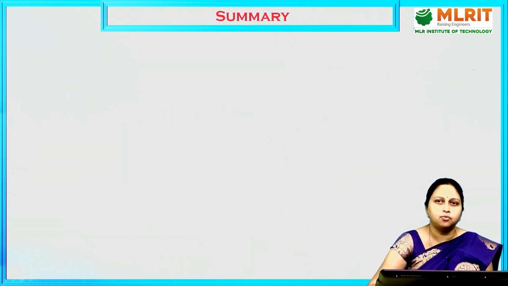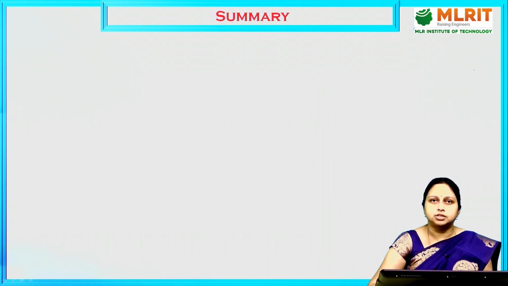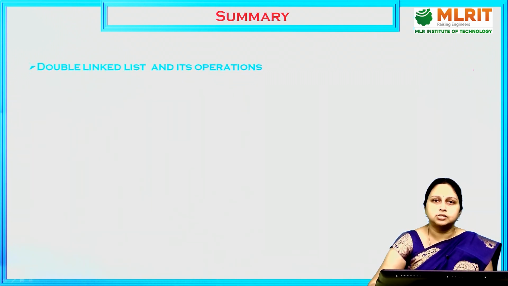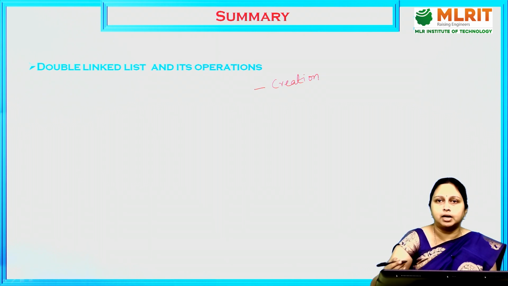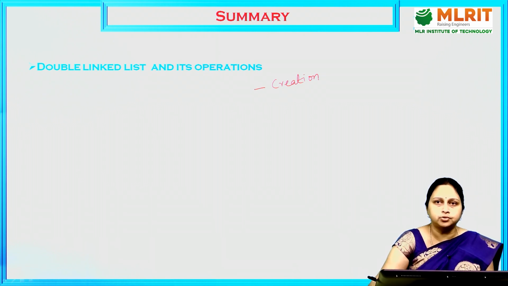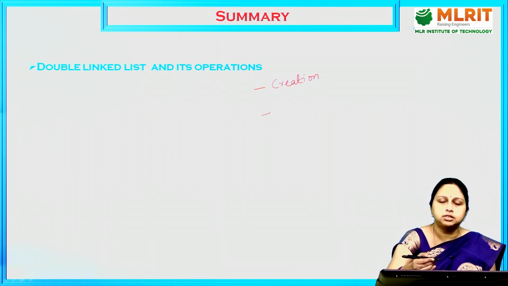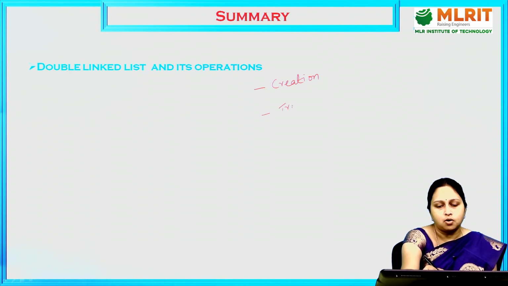Now in the summary, what we have seen in this session is the double linked list and its operations. Under that we have seen how we are going to perform creation of double linked list for a few nodes. Then we have seen about traversal or display.